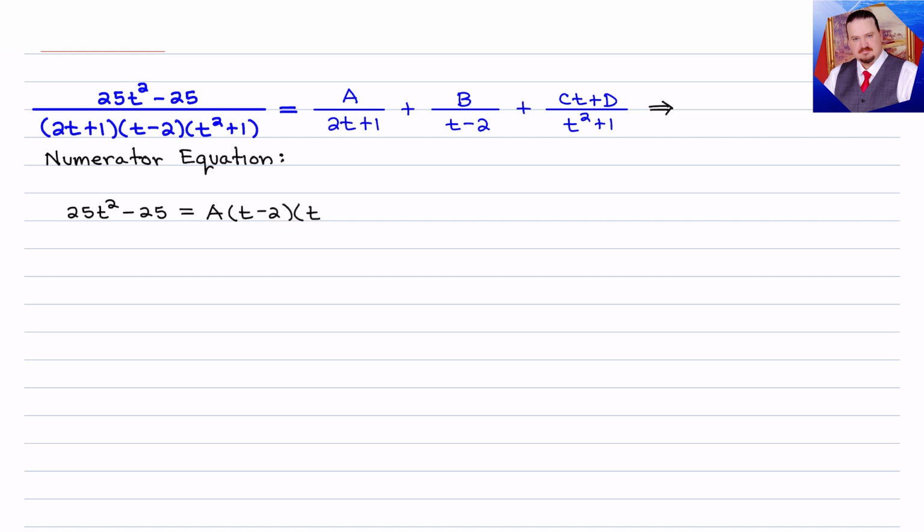And as I'm writing this, you leave everything in the factored form. You don't want to waste your time multiplying things out, because all you really care about is determining the coefficients a, b, c, and d. If you're wondering where this comes from, or you need time to work it out, just pause the video, try it yourself, and you should get the same result.